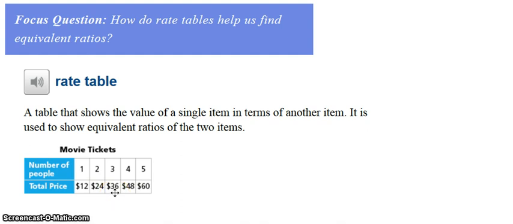Or we could say, I know the price for one person and I want to find the price for 5. I know 1 times 5 gives me 5, and 12 times 5 gives me 60. So there's both additive and multiplicative patterns in a rate table.